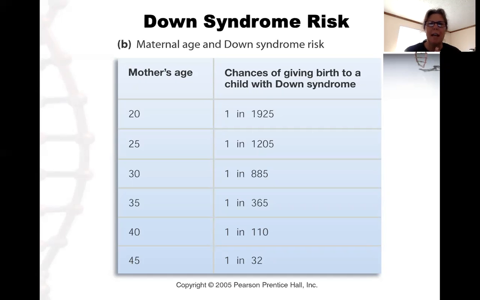Notice how the older mom gets, the numbers significantly go up. This one is really kind of scary because if you are over 40, you're in the high risk group. You have a much greater chance of having a child with Down syndrome, which is probably why we're seeing a lot more children with Down syndrome as women are waiting to have children later in life.